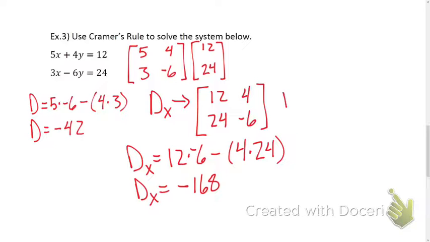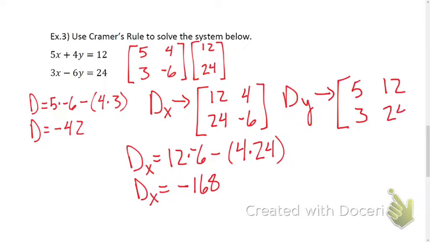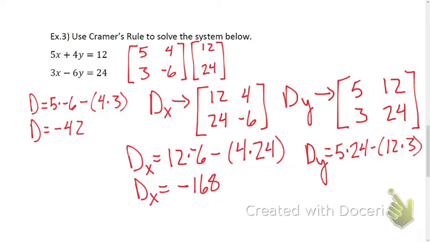Let's do dy. Running out of room here. And we get 84.